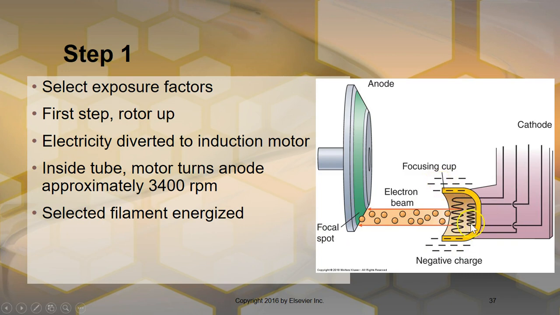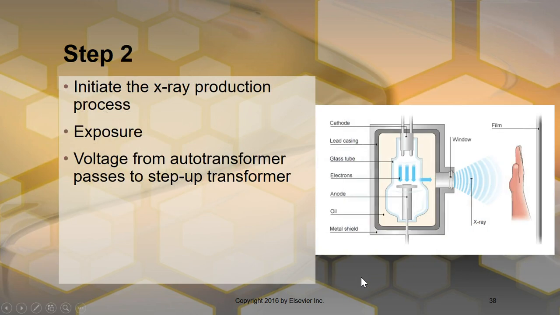So here's our focusing cup. It took all those electrons, squished them together in one straight line, and it hits right here, and then your X-ray comes out the bottom right there. To initiate the X-ray production, you make the exposure, which only lasts a few seconds, actually probably milliseconds. When it's pressed, the voltage passes to the step-up transformer and then into the capacitor banks and all these other terms we're not going to worry about right now.